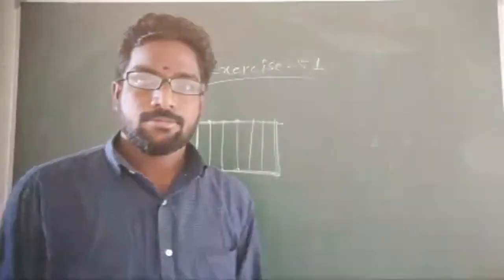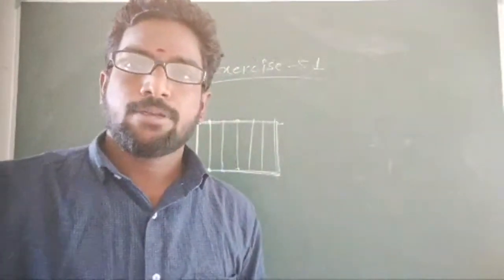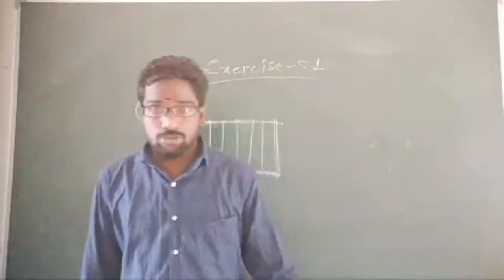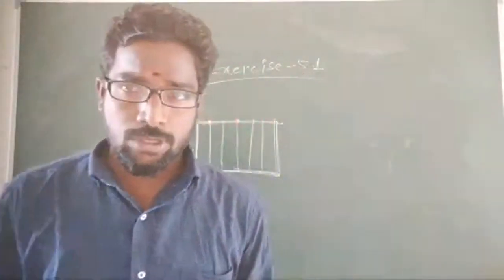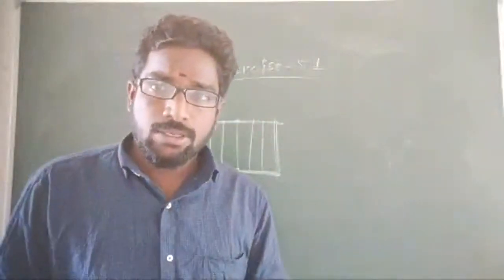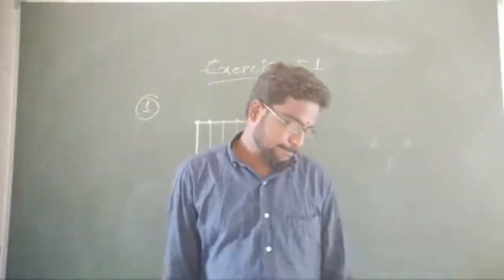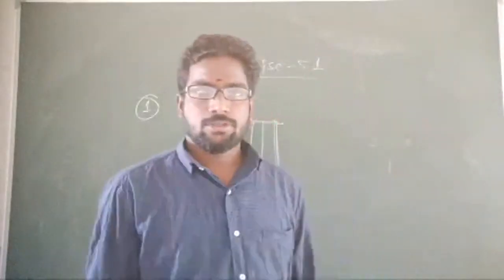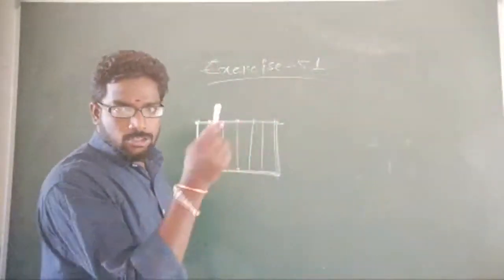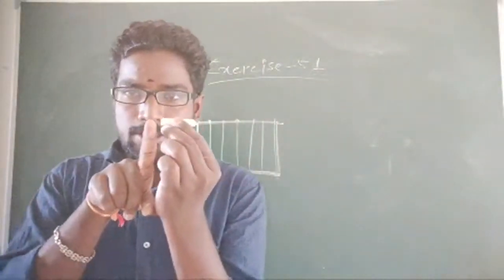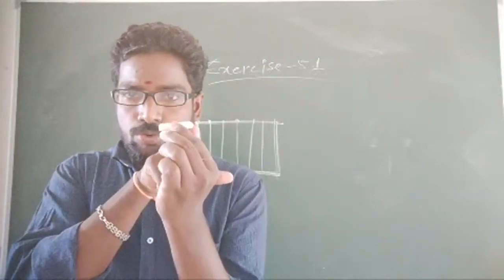Next, where did you see line segments, in your home or in your classroom? According to the question, in your classroom, where did you see something that looks like a line segment? I have to give 5 examples. Chalk piece. This is also a line segment. This is an example of a line segment because it has 2 endpoints. 1, 2.